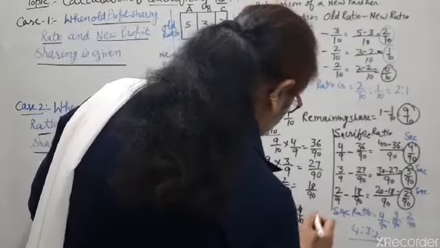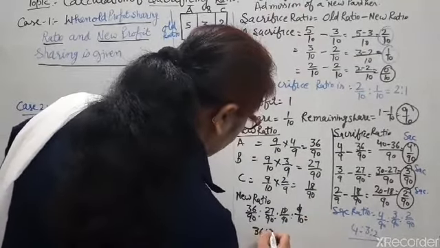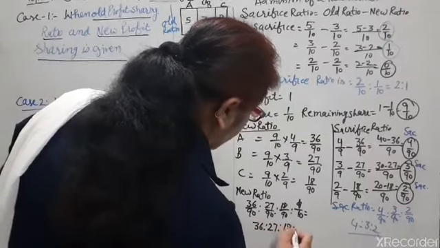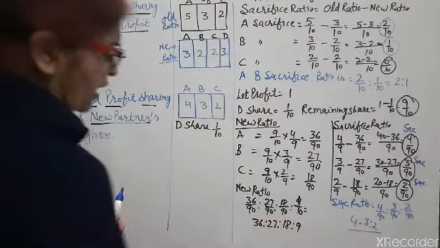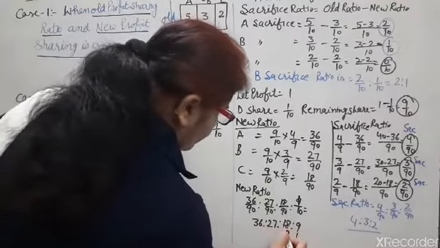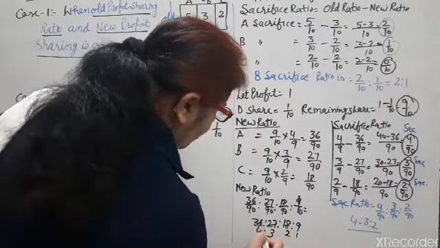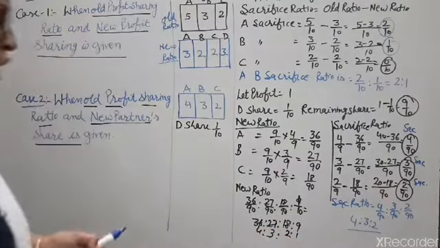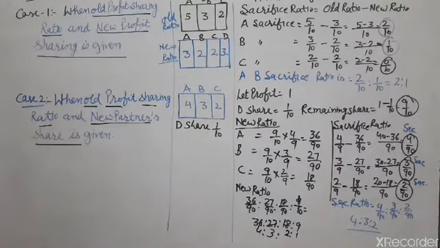So the answer is 36:27:18:9. And we can say 4:3:2:1.